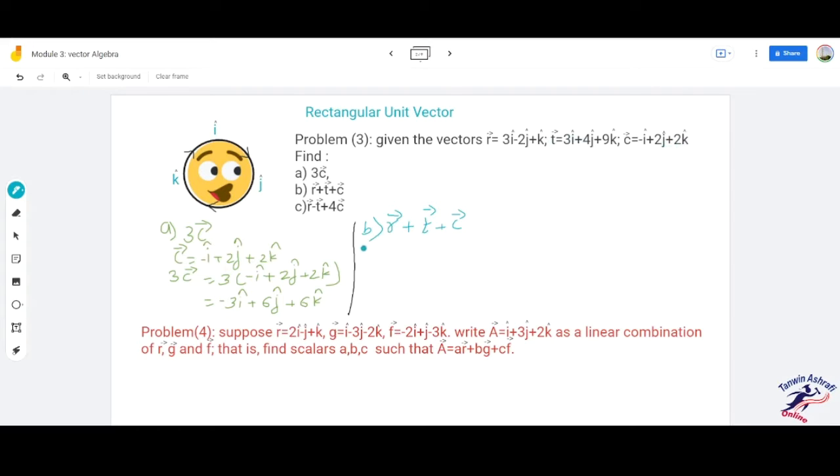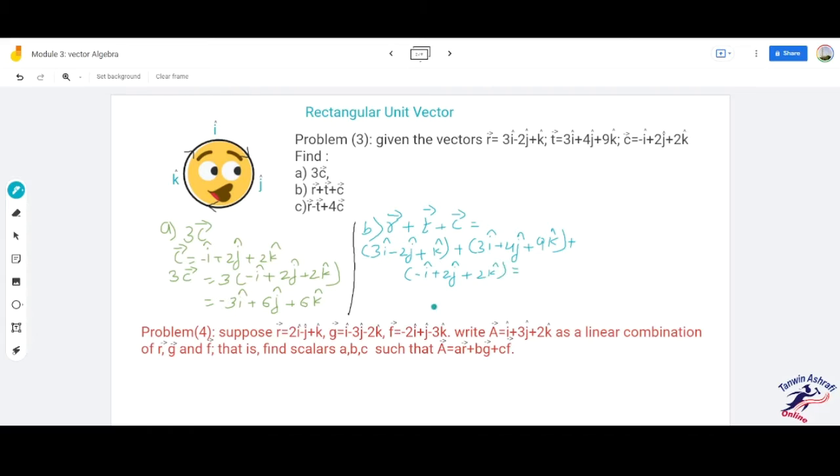So we can add R plus T plus C is equal to, R is 3i cap minus 2j cap plus k cap, plus for the quantity T we have 3i cap plus 4j cap plus 9k cap, and the quantity C we had, I will continue below, as minus i cap plus 2j cap plus 2k cap.